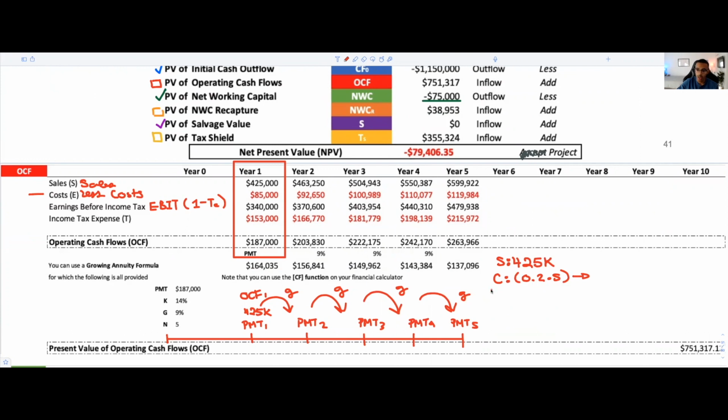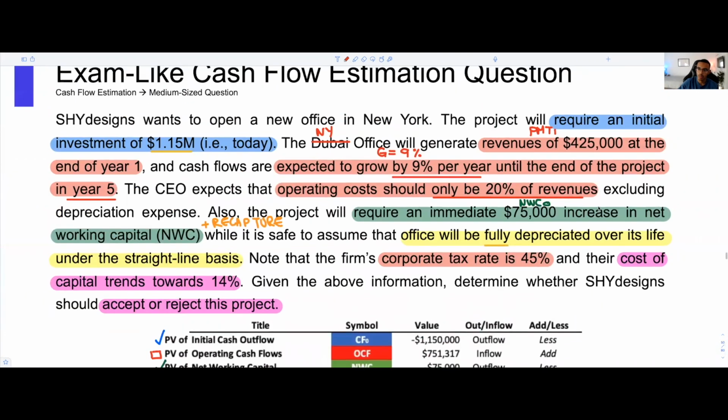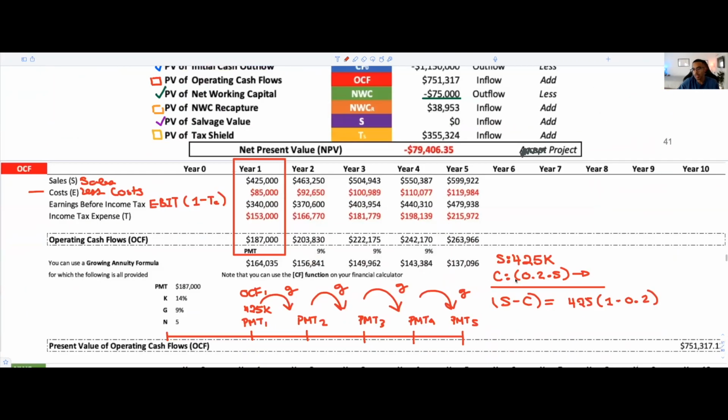Or sales minus cost will simply be equal to 425 multiplied by 1 minus 0.2. Because if 20% of your sales is your cost, you could just do 425 times 0.8 to get sales minus cost.